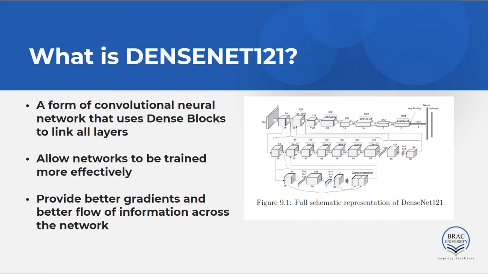Aside from better parameter efficiency, DenseNet also allows networks to be trained more effectively. They can provide better gradients and better flow of information across the network. In the figure, we can see that 32 new feature maps are added to the preceding volume by each layer. This is the full schematic representation of DenseNet 121.